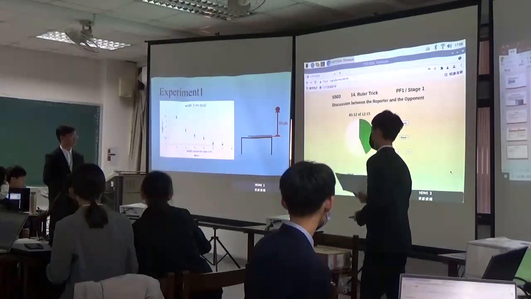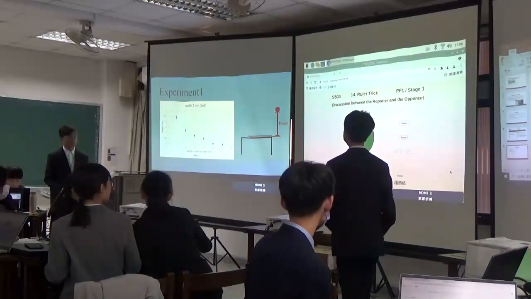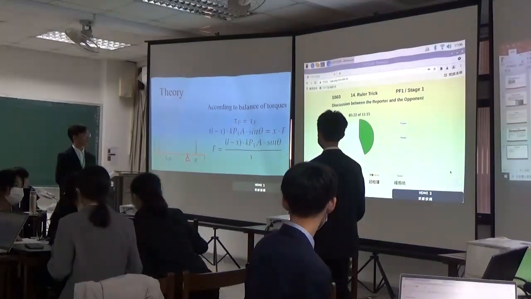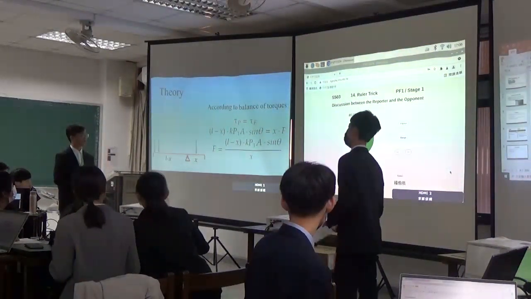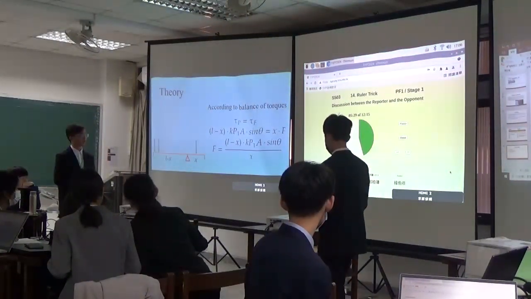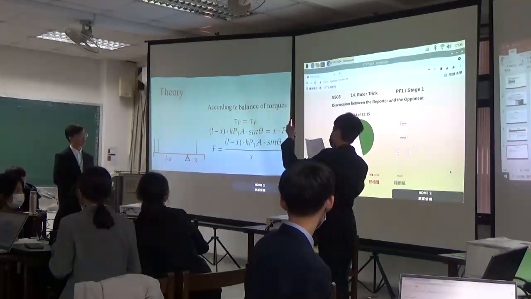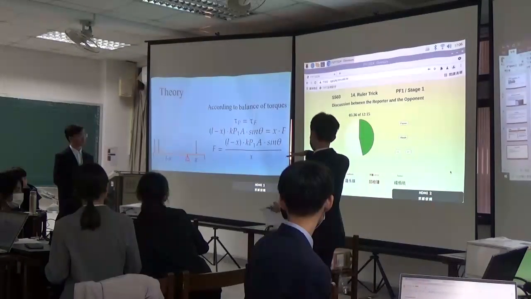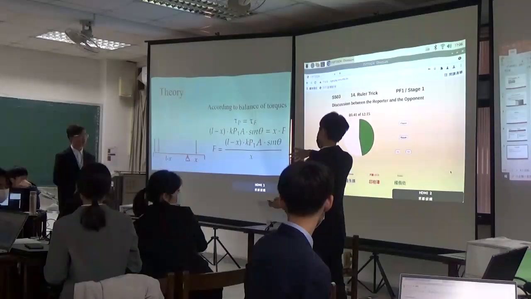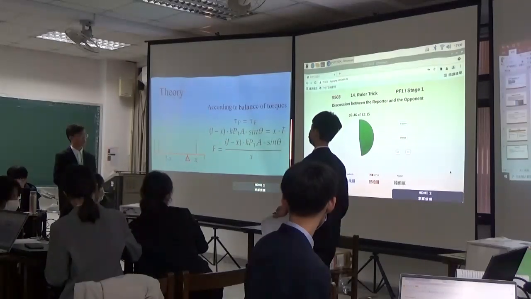Okay. Thanks. And I want to ask about your balance of torque. You just use the balance of torque, but do you think the torque cannot be balanced if the ruler rotates? In the process, the ruler will rotate a little bit.